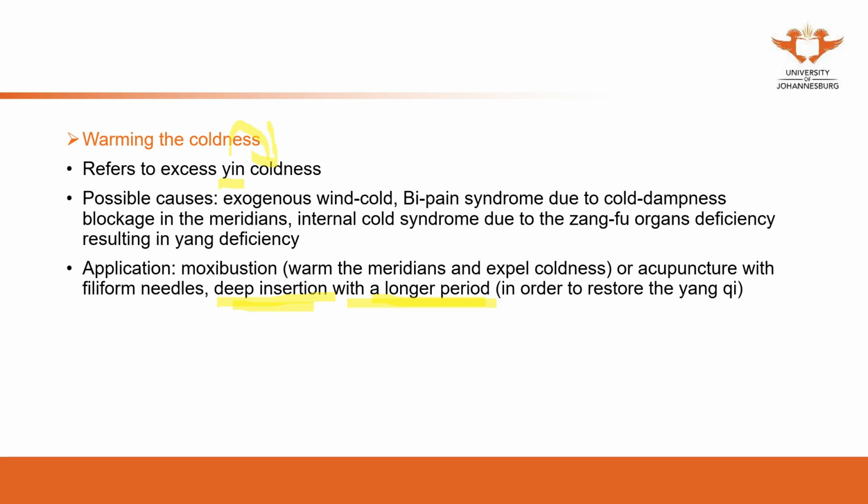In this situation, we may use the comprehensive technique to increase the heat, but with deep insertion and long period. At the beginning, when we introduced clearing the heat, we emphasized shallow insertion kept for a short period.